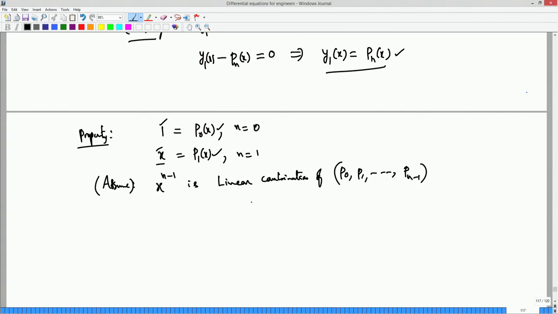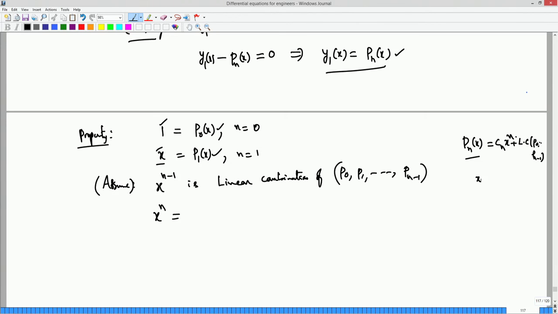If you assume this, we can now say x power n. How do I calculate this x power n? So, you know that Pn of x is a polynomial, and this has x power n coefficient. So, the coefficient also you know, and the remaining x powers you already assumed up to x power n minus 1 are linear combinations of P0 to Pn minus 1, okay.